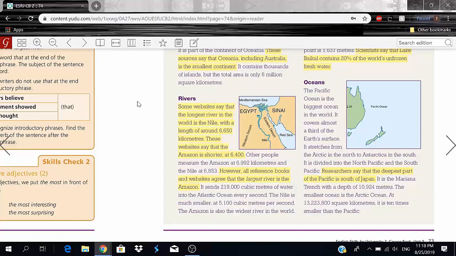However, all reference books and websites agree that the largest river is the Amazon. It sends 219,000 cubic meters of water into the Atlantic Ocean every second. The Nile is much smaller, at 5,100 cubic meters per second. The Amazon is also the widest river in the world.